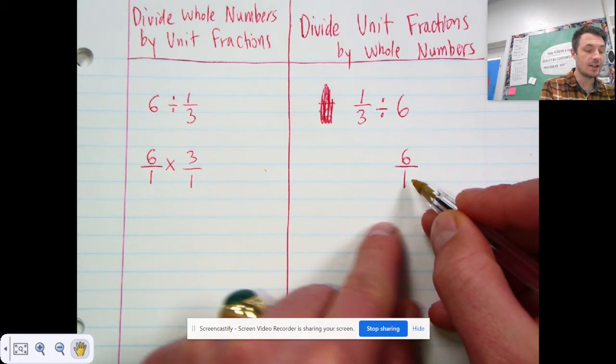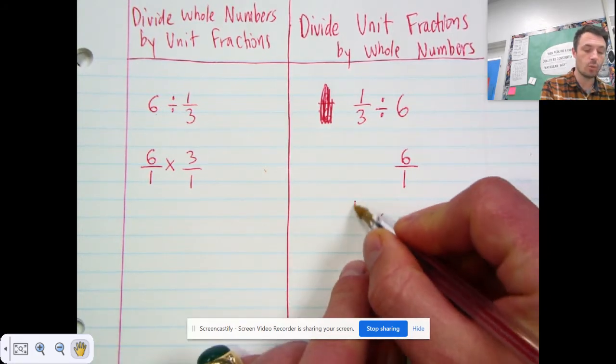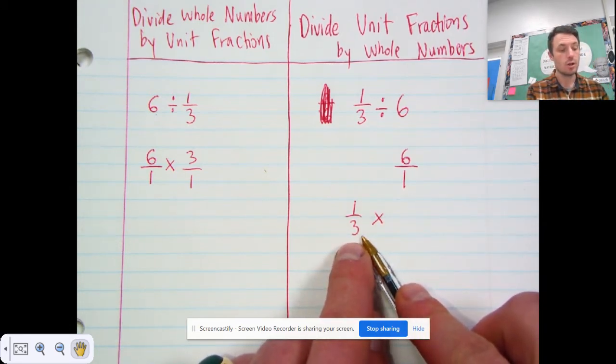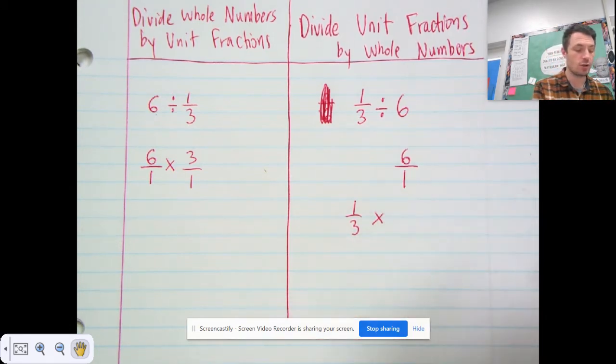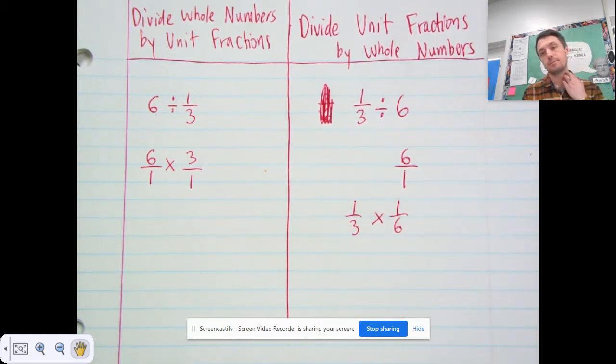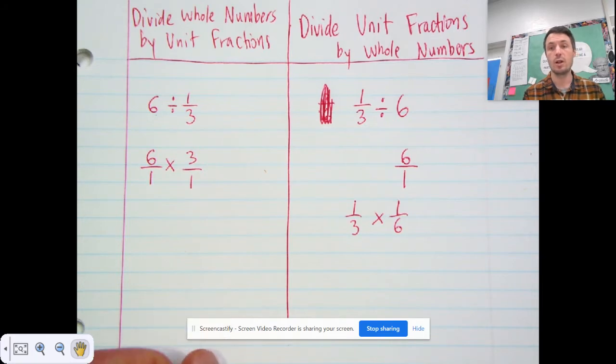So we flip from division to multiplication. The 1/3 part stays the same because we don't flip the first fraction. We flip the second fraction. 6/1 becomes 1/6.